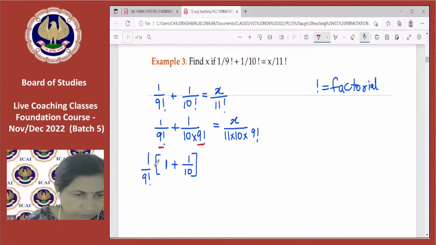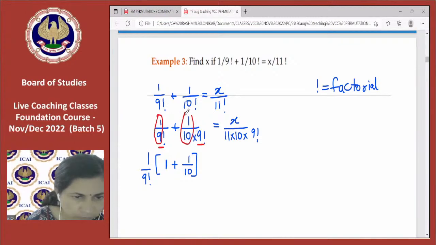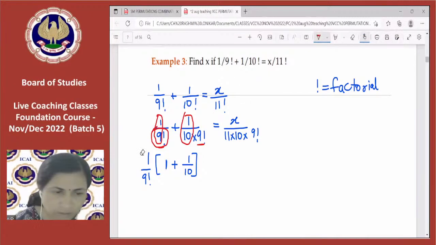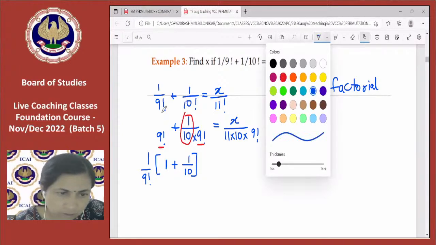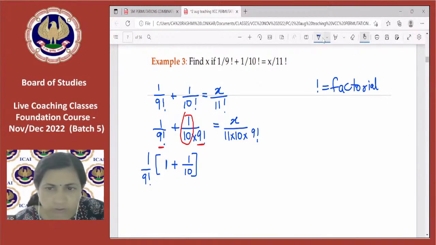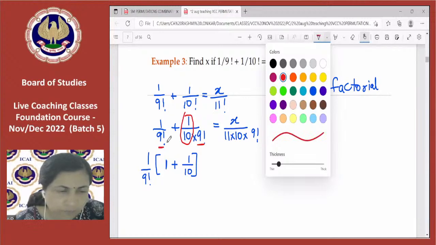So what will remain here is 1 upon 9 factorial, and here 1 upon 10 factorial, so with 9 factorial taken out, what remains here is 1.